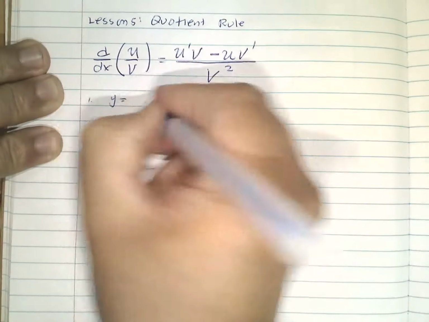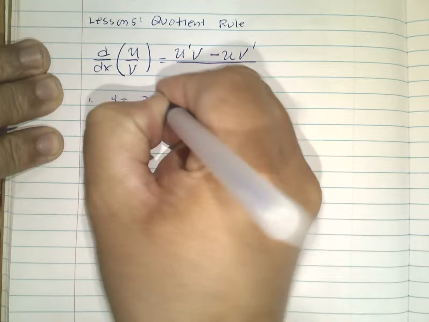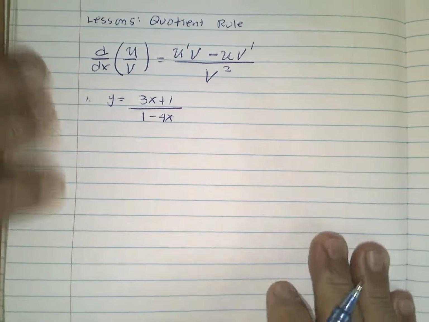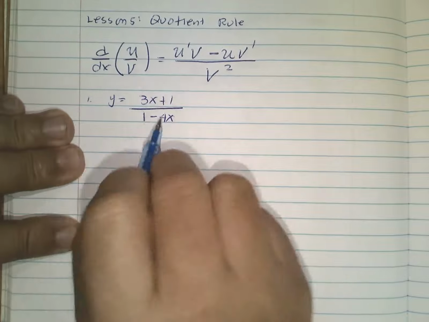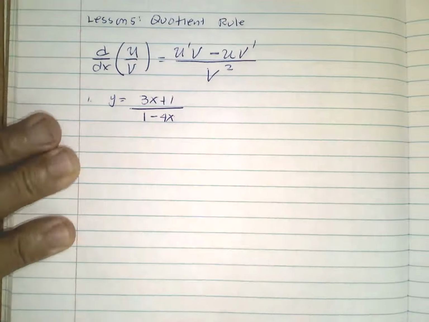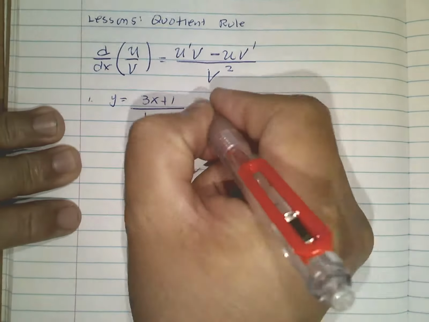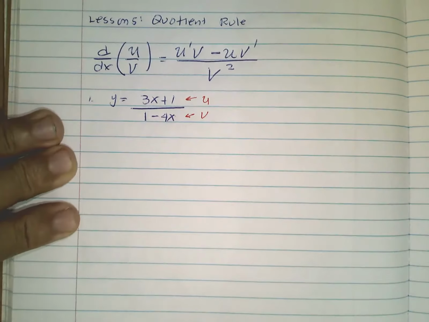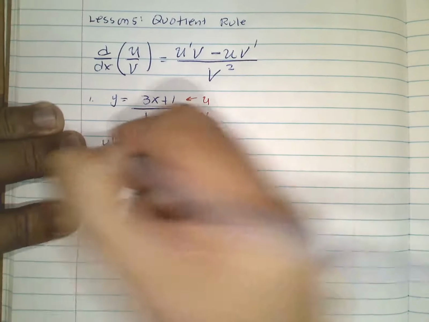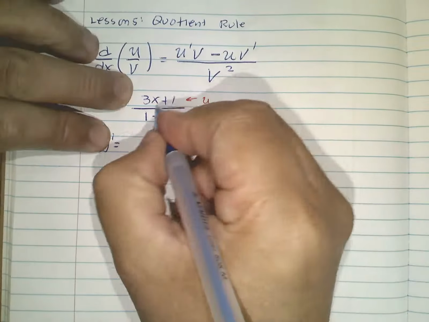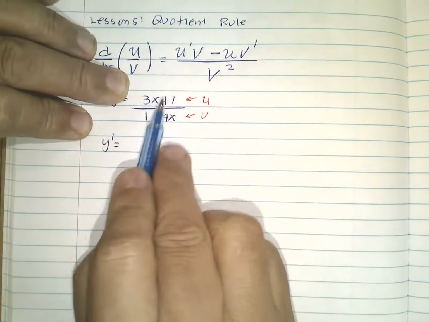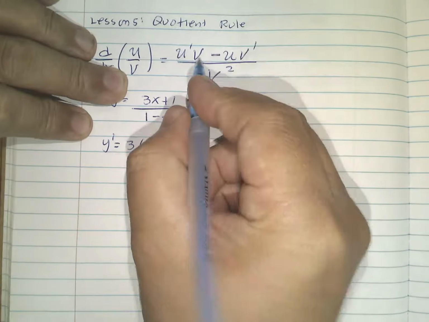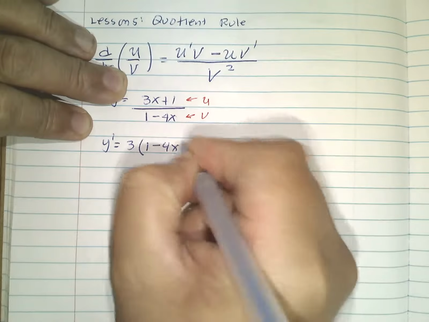Suppose that my y is equal to 3x plus 1 over 1 minus 4x. Again, our u is the top one, and that is our v. So we need to apply the formula. y prime is equal to u prime, so the derivative of 3x plus 1 is 3, times v, 1 minus 4x.